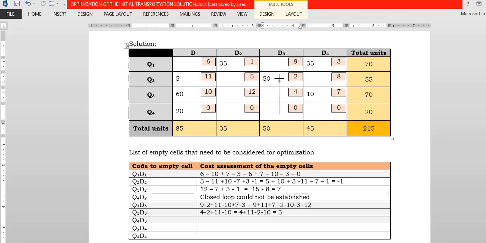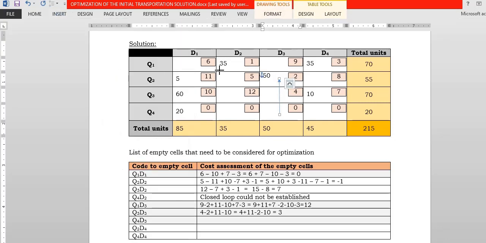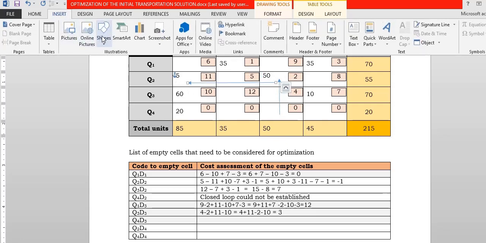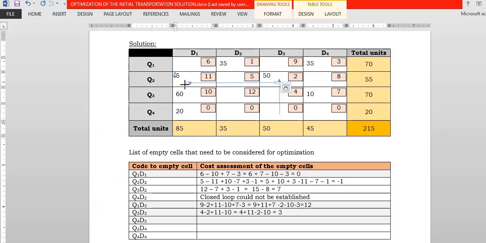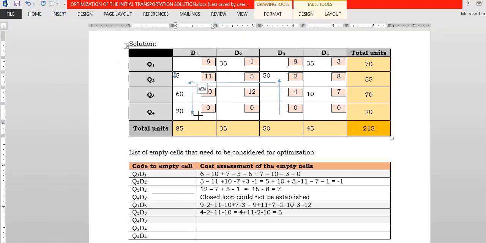Again, this is a place where there's an allocation. So you move to the left to that position there. Then move downwards to the allocated position there, then back to the right, to where we started from.